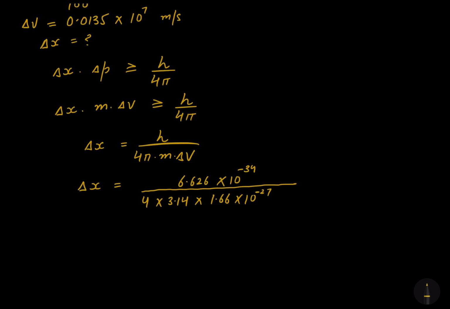In this question it was a proton, so its mass is 1.66 into 10 raised to power minus 27 kilograms, into the delta v we have evaluated to be 0.0135 into 10 raised to power 7. So after evaluating the whole thing, the delta x comes out to be 25.34 into 10 raised to power minus 14 meters.